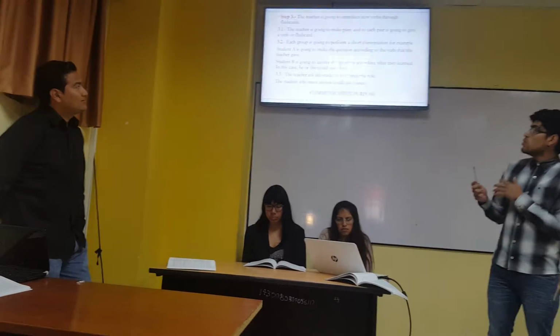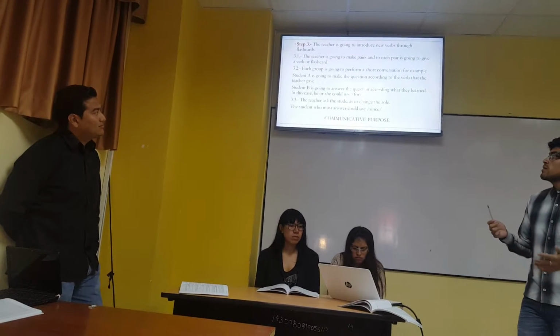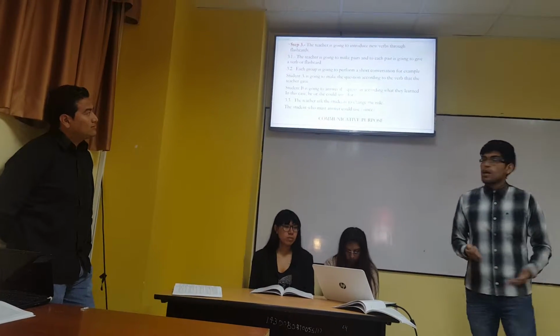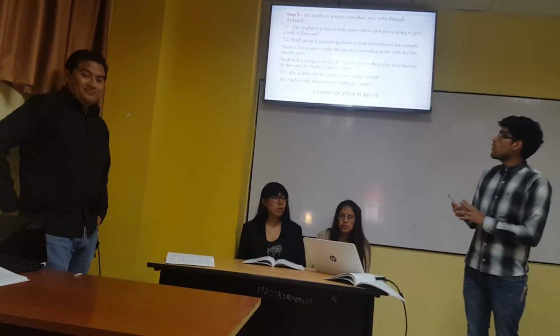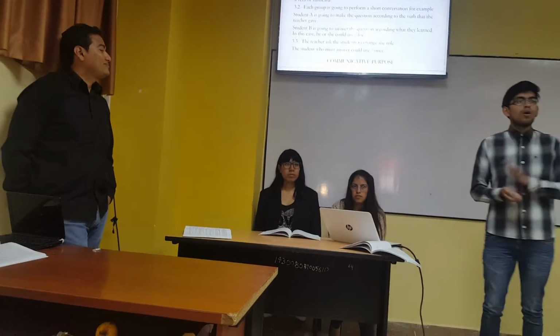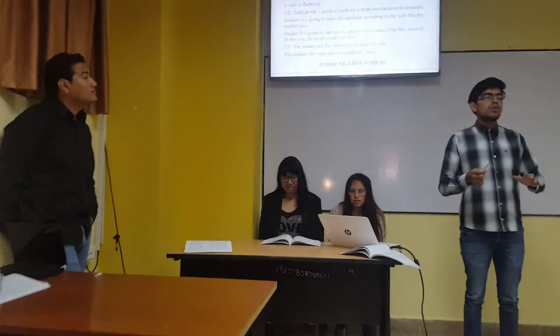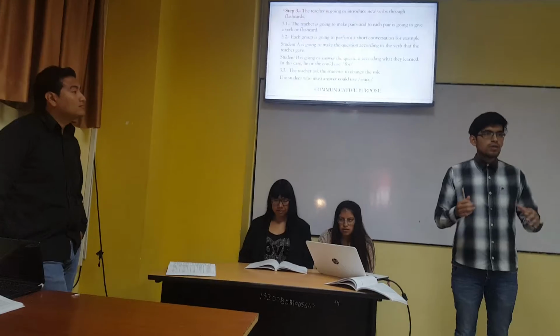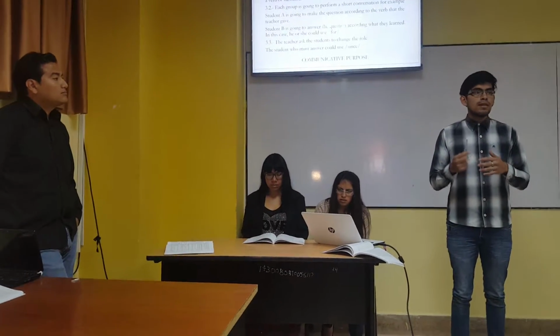And the last step, the teacher asks the students to change roles. The student who must answer could use since. This step is focused on communicative purpose, because the students are going to try to communicate and use the different things that they learned before.